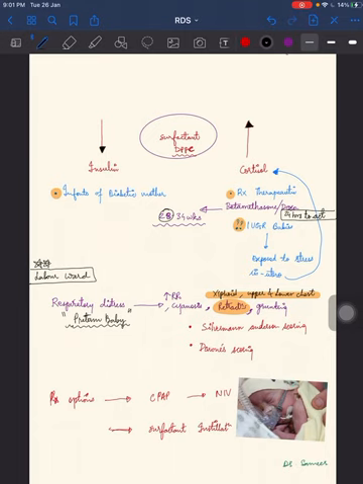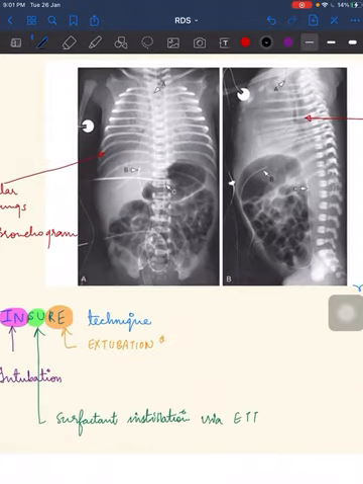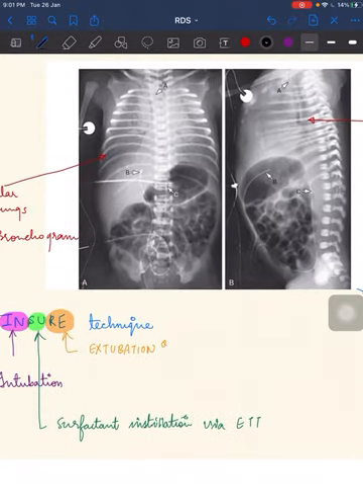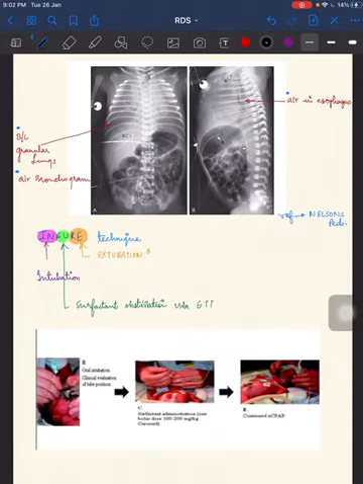When an X-ray is taken of these babies, you will see a bilateral granular lung, which denotes bilateral reticulonodular nodules. It will also contain air bronchogram and air in the esophagus.